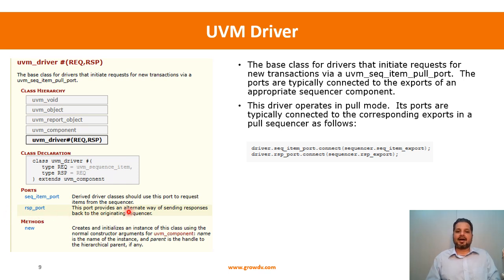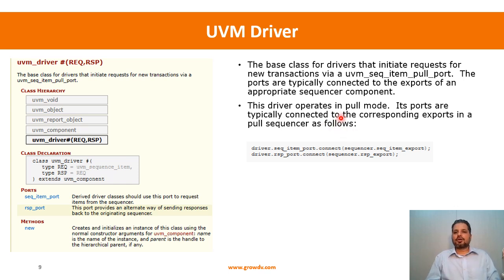This port provides the alternate way of sending the responses back to the originating sequencer. However, note that even when we did the sequence item port put or put response, it actually goes via the response port itself. You can confirm that by looking at the source code that is present within the UVM driver. So this is the base class for drivers, and I think this is the point that we have already discussed.